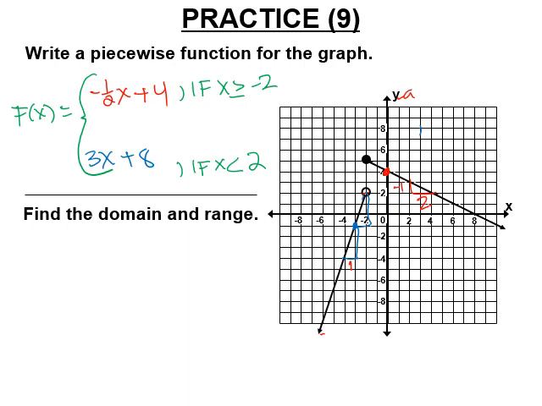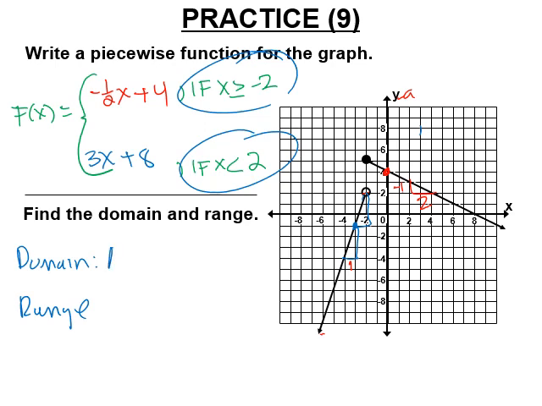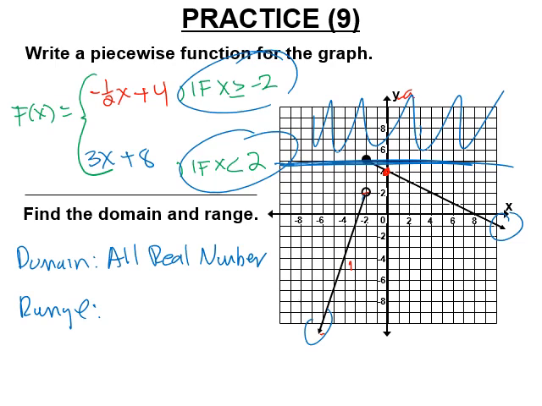All right, now we're doing domain and range. Let's see what the x values could be. X values could be anything, all real numbers. For the range, notice everything is pointing down here, so there's no way you're going to get a y up there.